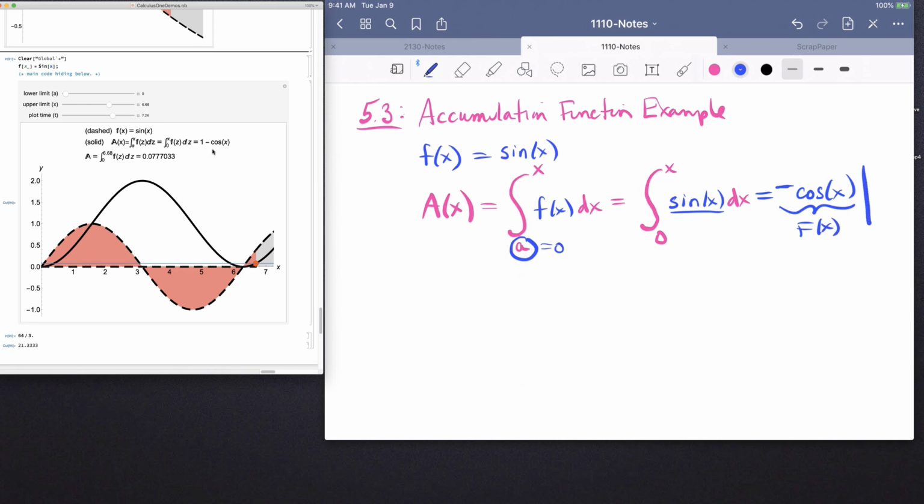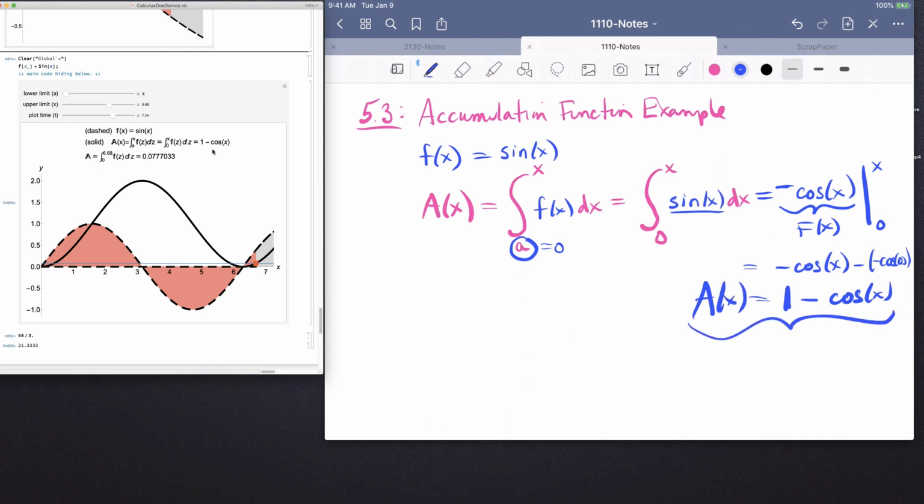But then we need to evaluate from 0 to x, and so we will get negative cosine of x minus a negative cosine of 0. Cosine of 0 is equal to 1. Negative negative 1 makes a positive 1 minus cosine of x. So there is our accumulation function as shown over there.